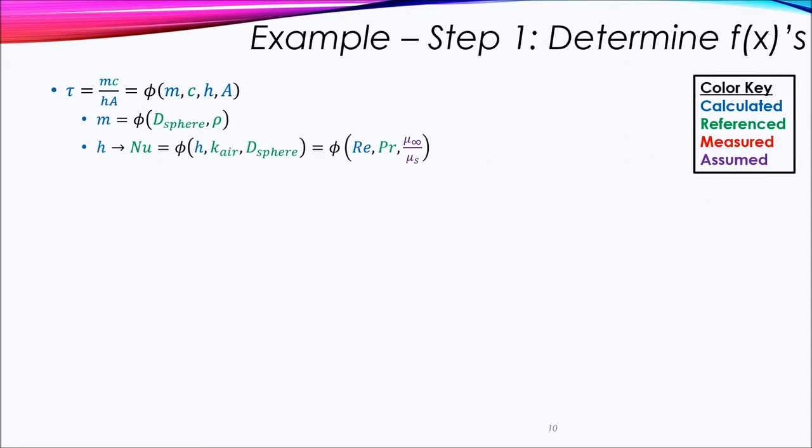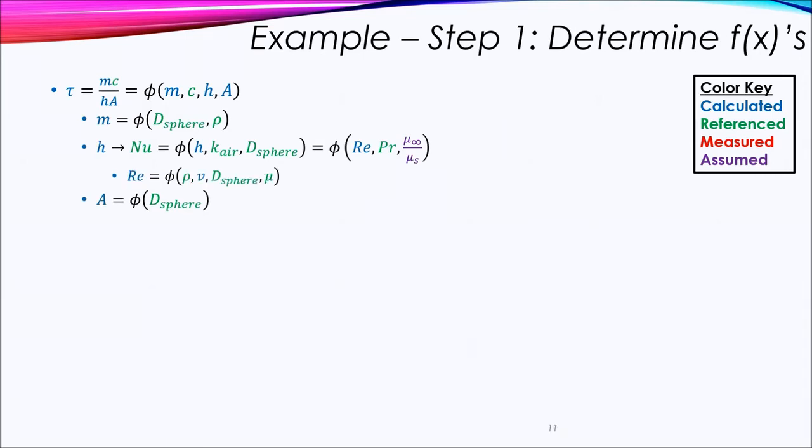But it has an approximation, which is a function of the Reynolds number, Prandtl number, and the ratio of the viscosity of air between ambient condition and close up to the surface. And then the last variable is just the surface area of the sphere, which can be calculated from the diameter of the sphere, which is referenced.